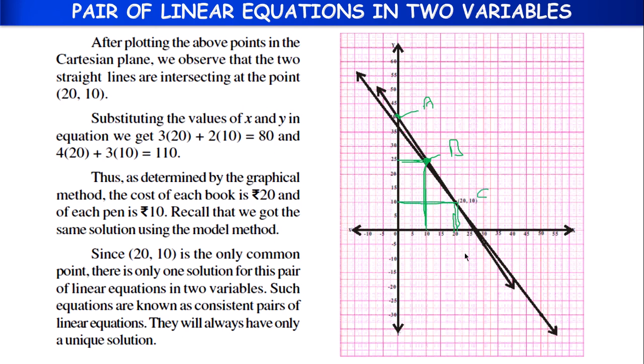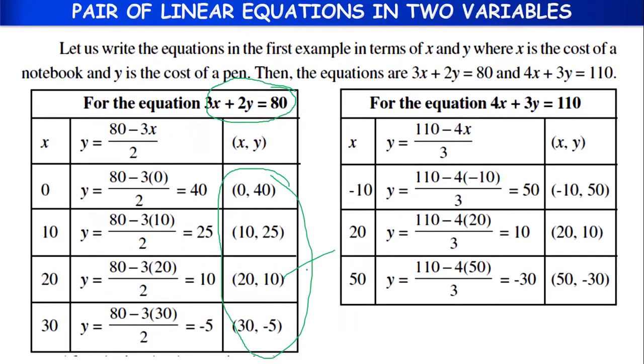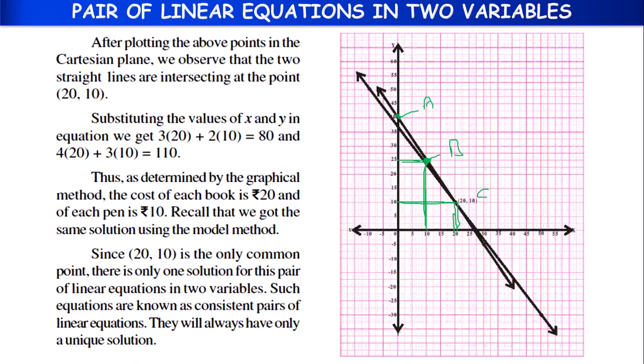So this is point C. Next (30, -5): when x is 30, the y value is minus 5, means here. So this is the fourth point, D. If we join ABCD, we will get a line representing the first equation.